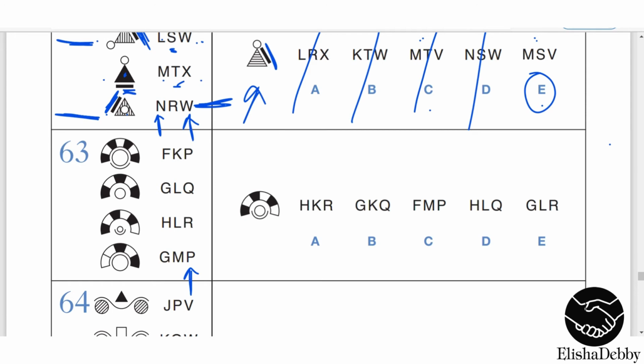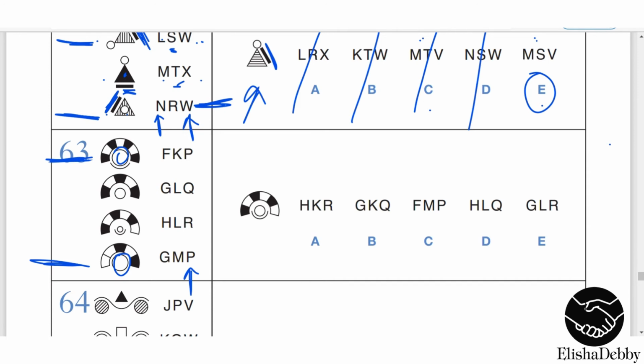So the third letter, P and P, what is common between this and this to make it P and P? I can say the circles in there are of the same size.